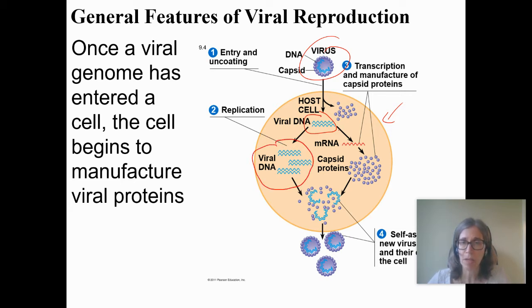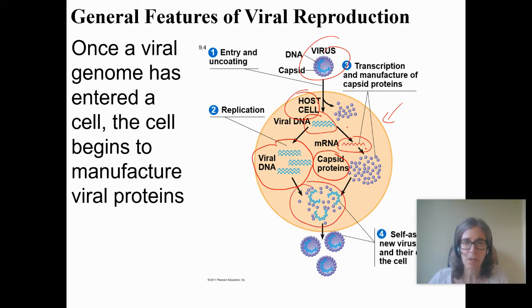Then it will use RNA polymerase to make messenger RNA, and then use the ribosomes to make the proteins that it needs. So this is transcription and this is translation, and it uses the machinery present in the host cell, the host cell's enzymes and ribosomes, to do that.